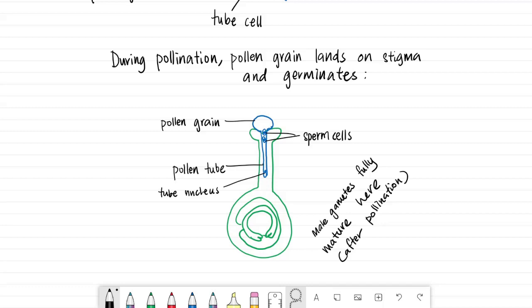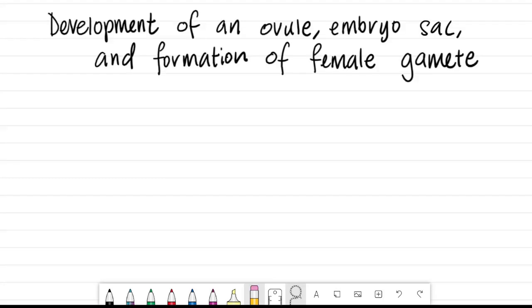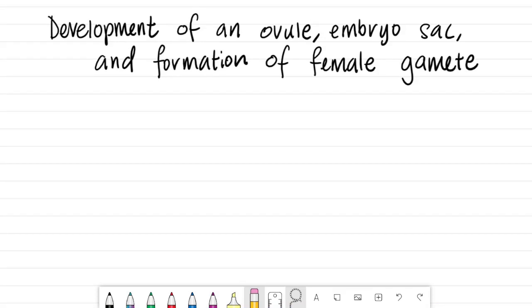Okay, so this is it for the formation of the male gametes. Now let's move on to the ladies and look at the development of an ovule, embryo sac, and formation of the female gametes.